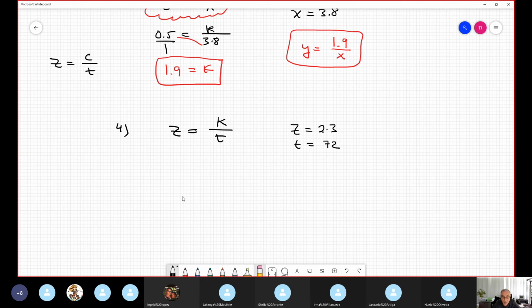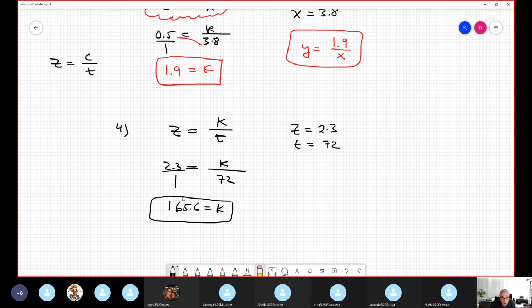Okay, plugging in. 2.3 is equal to k divided by 72. Now cross multiplication, 2.3 times 72 is 165.6, the k value. 1 times k is just k. Now what is the formula? The formula of the variation is c is equal to 165.6 divided by t. End of the story.